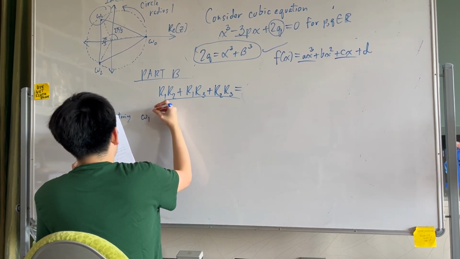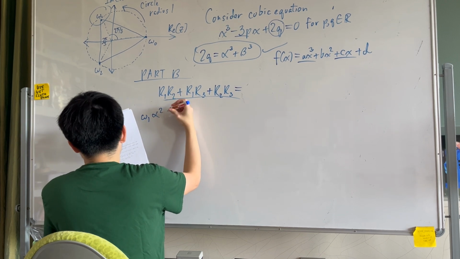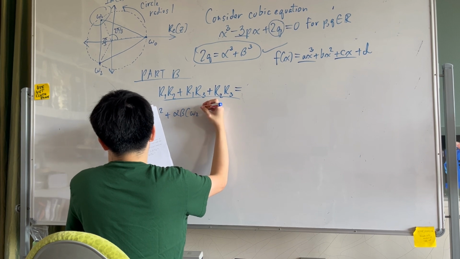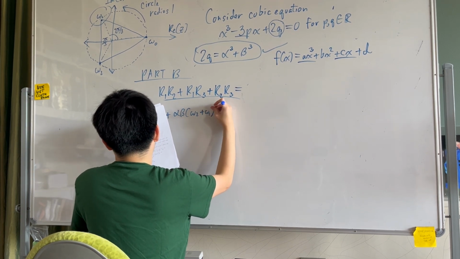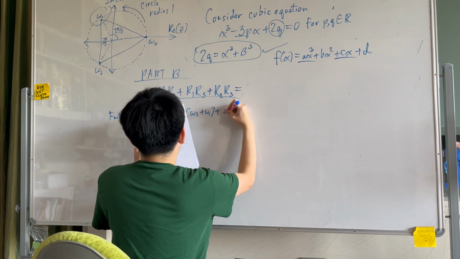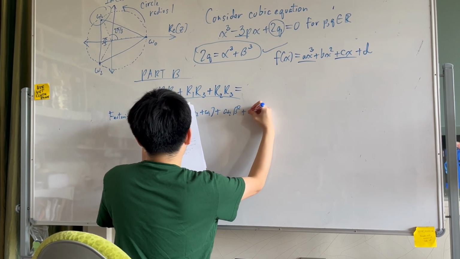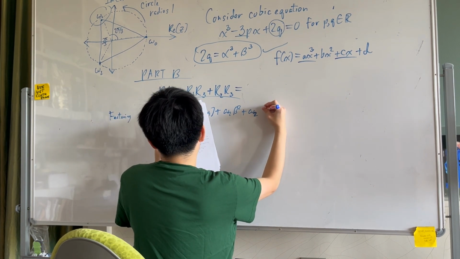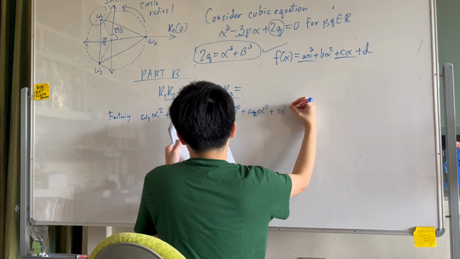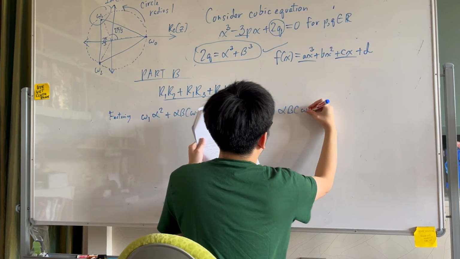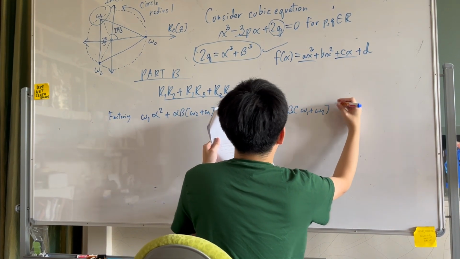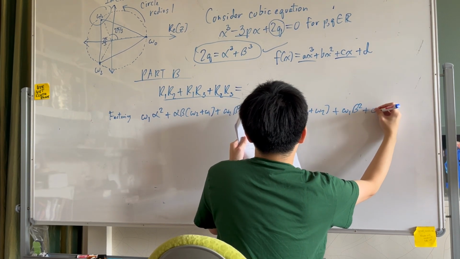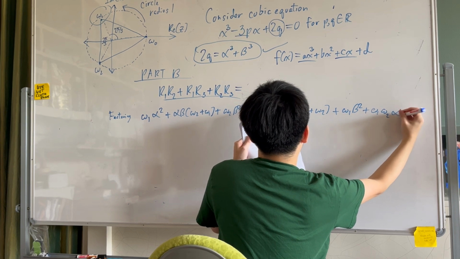Very sorry about that. But if you're doing any trickery here, it's mostly just factoring for the most part. Omega 2 plus omega 1 plus omega 2 beta squared plus omega 1 omega 2 alpha squared plus alpha beta (omega 1 plus omega 2) plus omega 1 beta squared plus omega 1 omega 2 alpha squared.